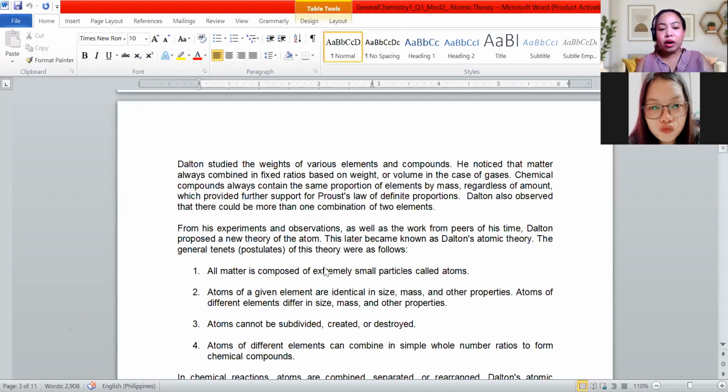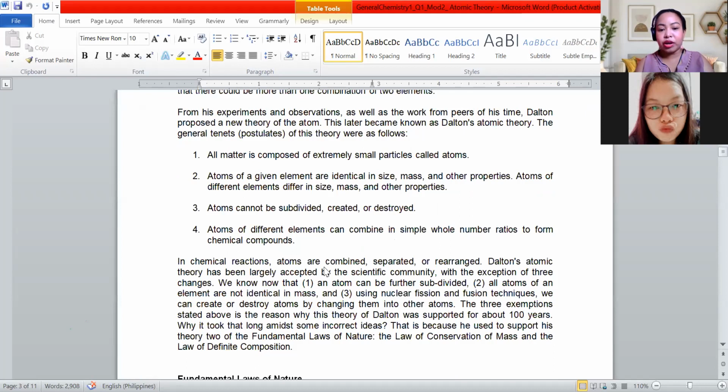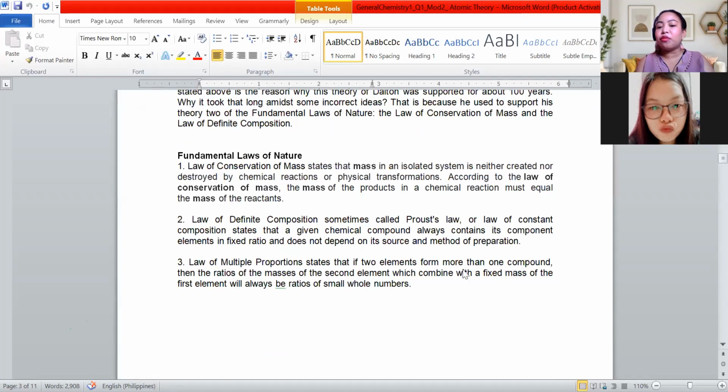The law of multiple proportion states that if two elements form more than one compound, then the ratio of these masses of the second element, which combine with the fixed mass of the first element, will always be a ratio of small whole numbers. So when we say multiple proportion, say for example, carbon and hydrogen. So are you familiar with LPG?